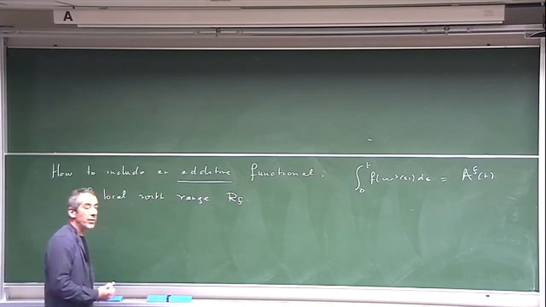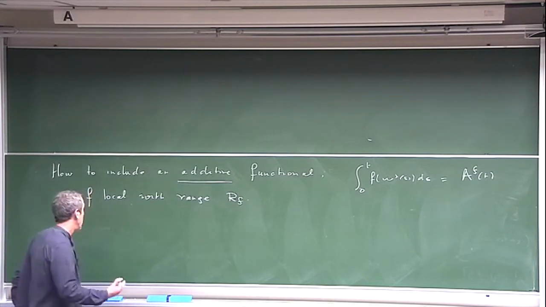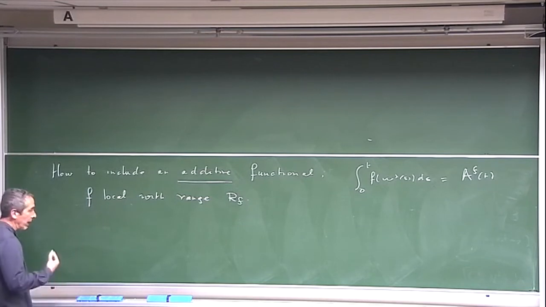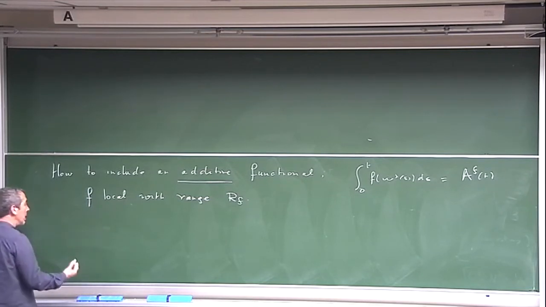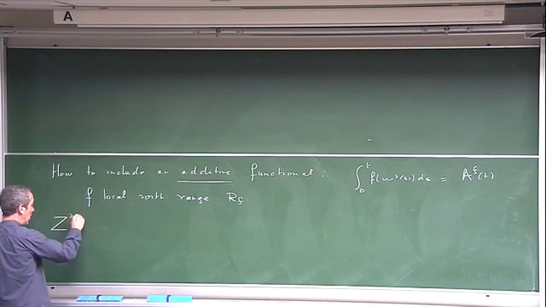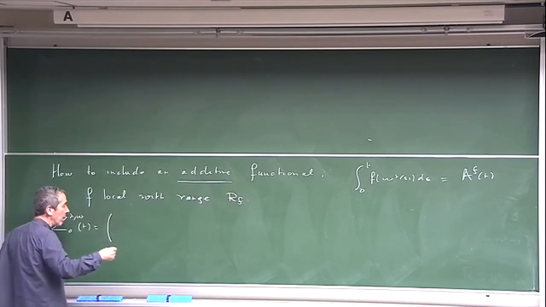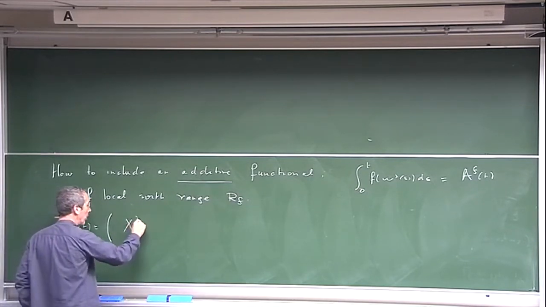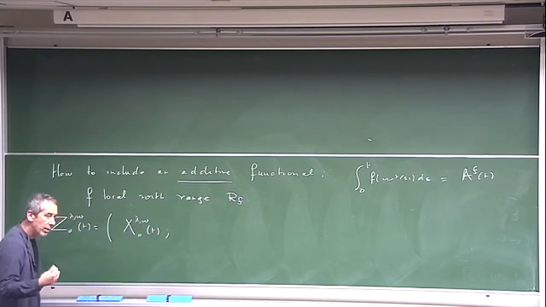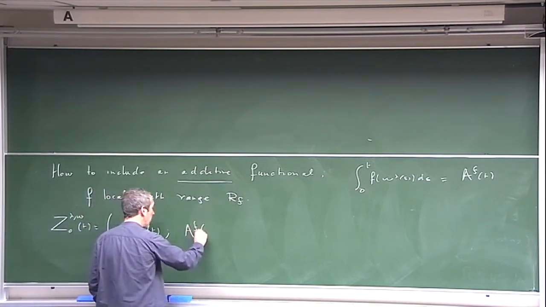So we modify the algorithm, and the trick to include this process is that instead of working with X, we work with Z. So this process Z lambda omega of t is the R^{d+1} valued process where the first components are just the components of X. And then, as we did before, we add an extra component which takes into account the additive function, so we'll have an AF of t.